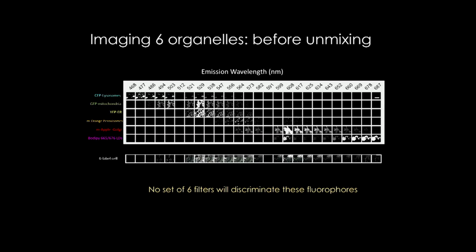So that means if you were imaging, for instance, at 438, you would not be able to distinguish mitochondria, ER, and lysosomes from each other. It would just be one big blur. And hence you could not distinguish how these different organelles are behaving relative to each other.